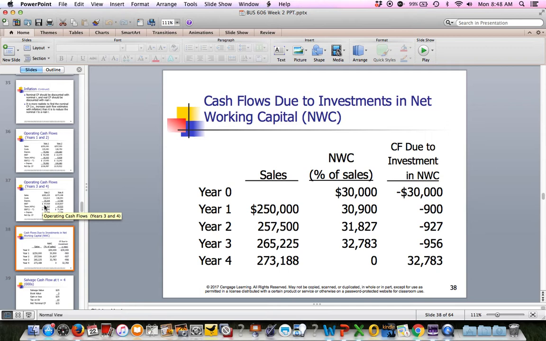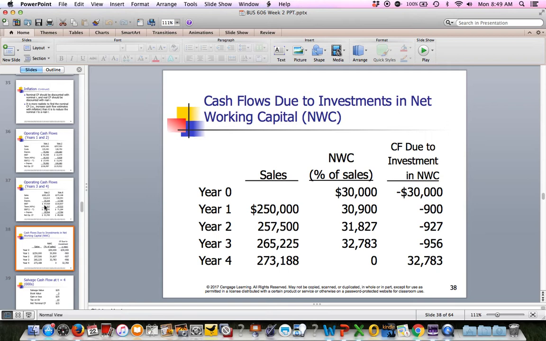In year 0, this is for net working capital, I should say. In year 0, we're ramping up production of a new product line we've never had before. That means we are going out and buying inventory. We're going to start selling product and have more receivables. We're buying inventory and we'll have more payables, and so on.